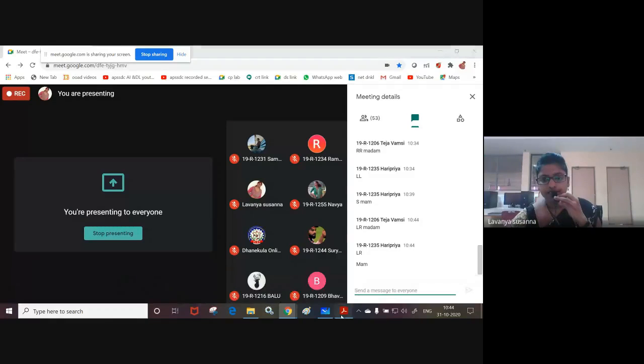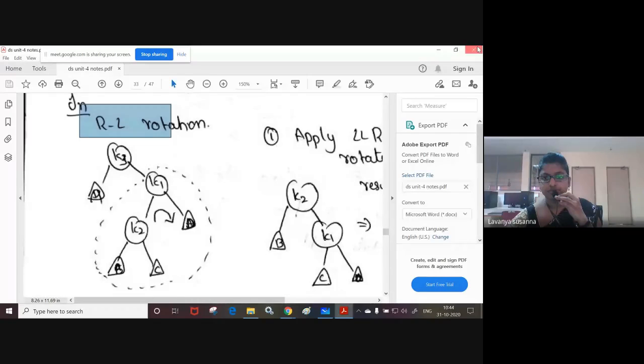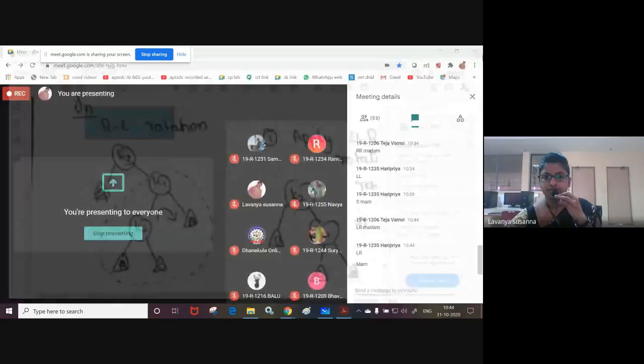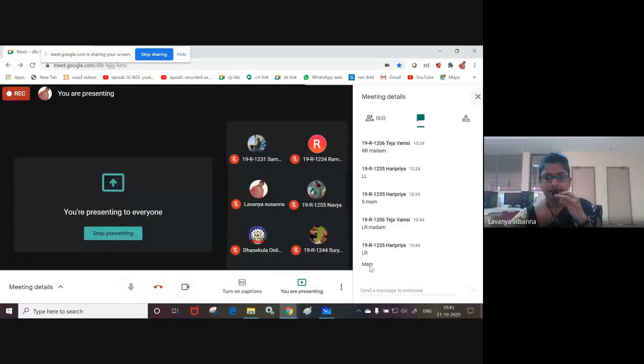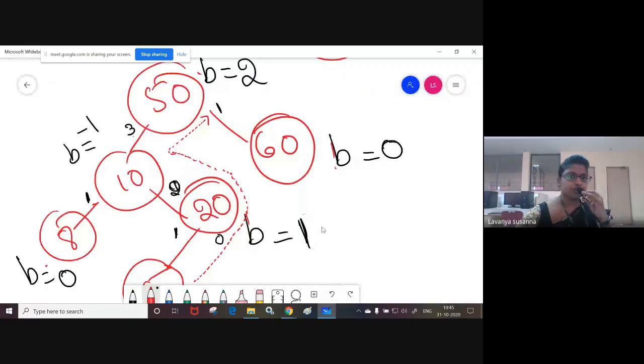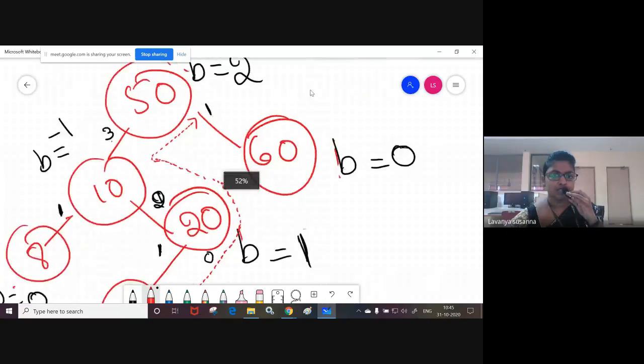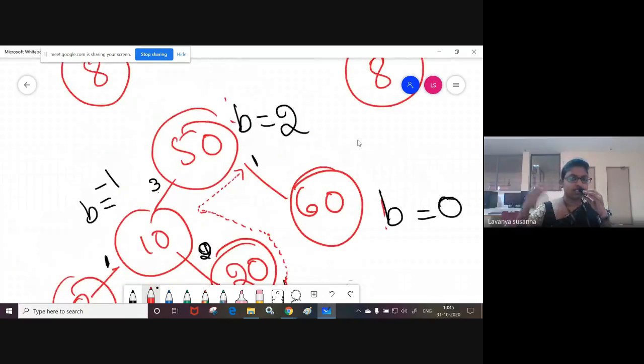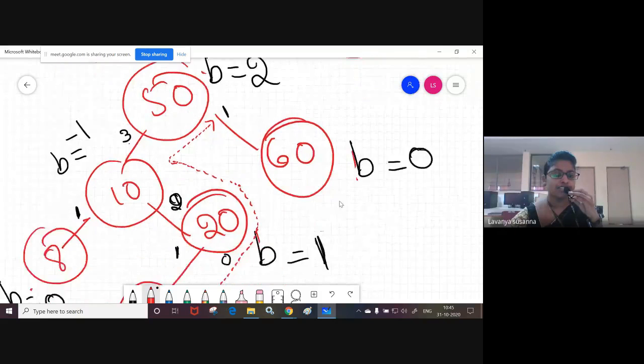Okay. See here. Yes, very good. LR rotation. See, at which node did you get B equal to something other than 0, minus 1, or 1? Node 50. Now, from node 50, see which path is deeper, because of which path this tree is not balanced.